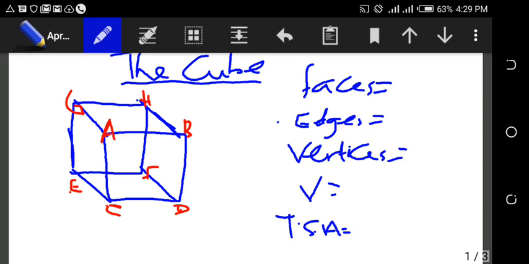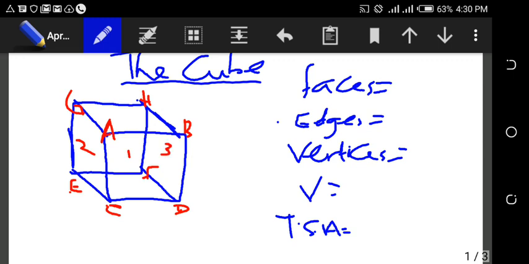So if we want to count the number of faces that this has, one face, we have A, B, C, D, that is a face. We have another one, A, C, E, G, that's another face. So let's try to label them. A, B, C, D as 1. A, C, E, G as 2. B, D, F, H as 3.